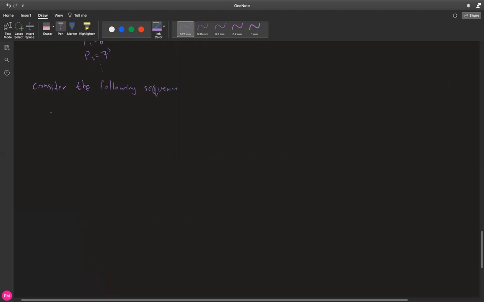It is given as 3 over 9, 6 over 10, 9 over 11, 1, 15 over 13. Do you guys see any patterns in this sequence?